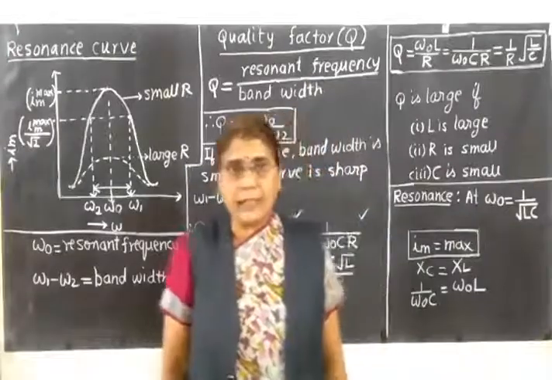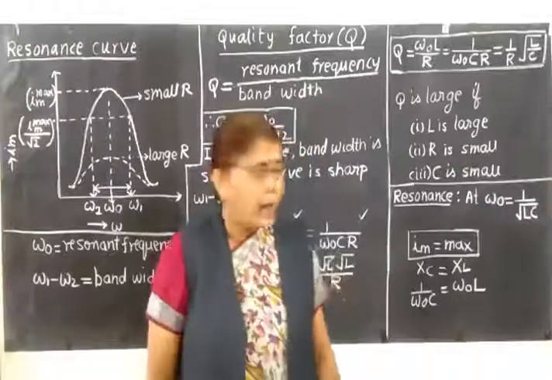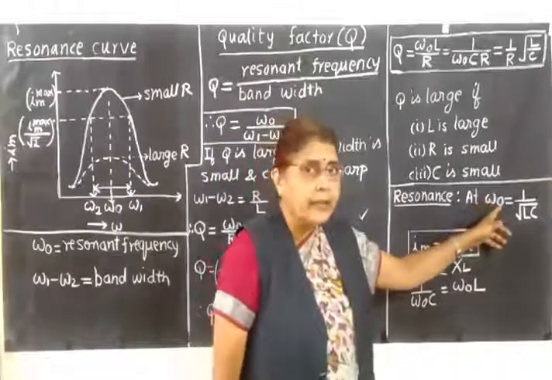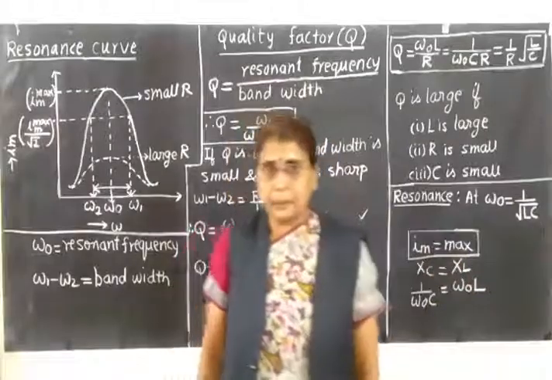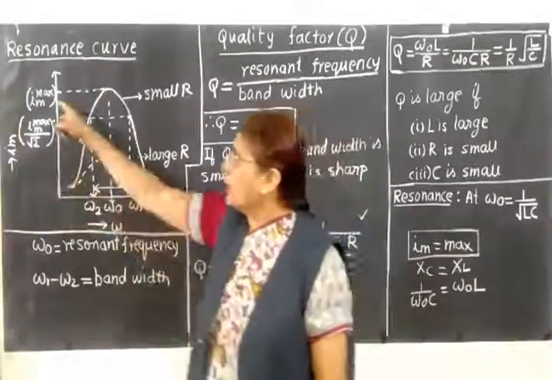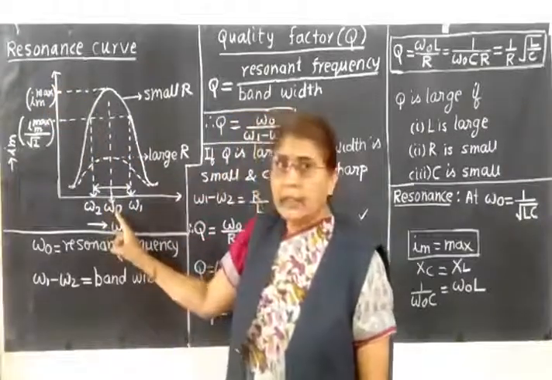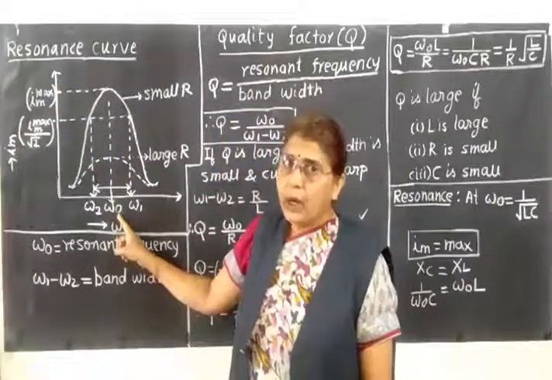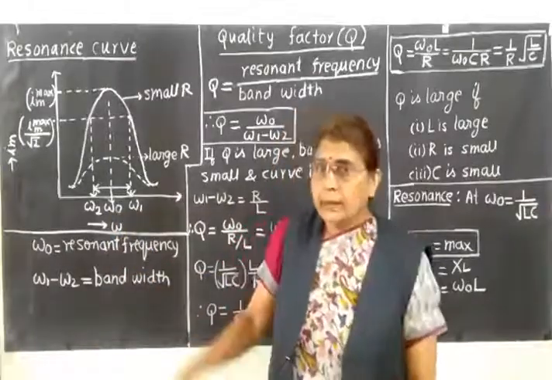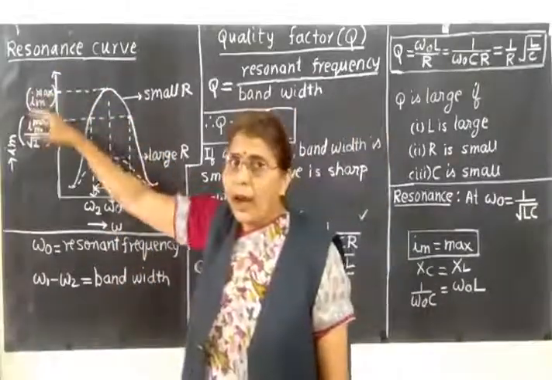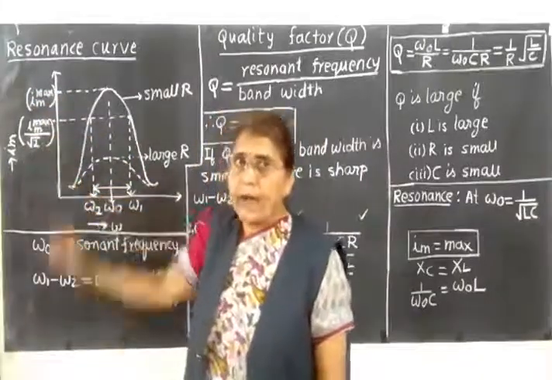Now just now we have studied the phenomenon of resonance. We have seen that at resonant frequency omega 0, the current amplitude Im is maximum. Therefore, the frequency corresponding to Im max is nothing but your resonant angular frequency omega 0. Now, we shall take a lower value than Im max. That is, we shall divide Im max by root 2. The value will decrease.